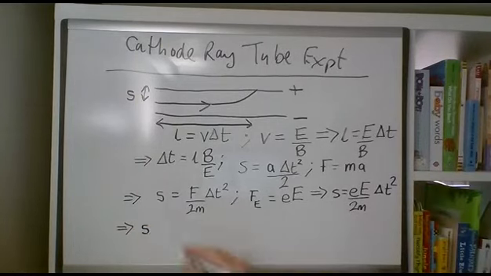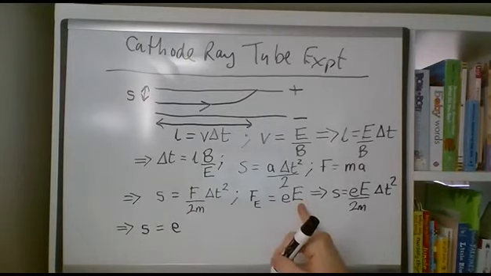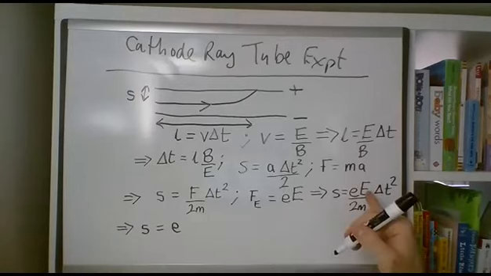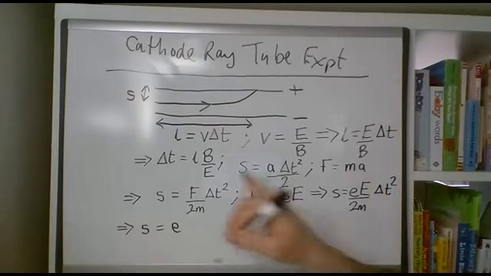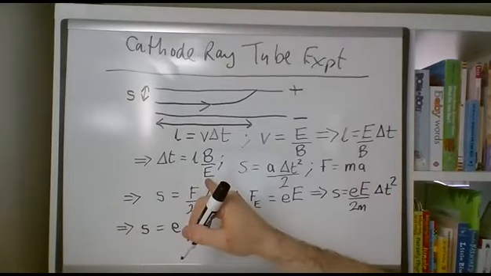So we have S equals E. Now this E cancels this E here, because when we substitute in delta t squared, we have one E in the denominator.